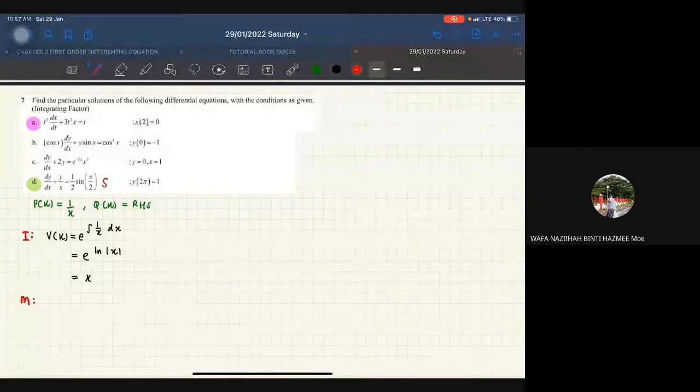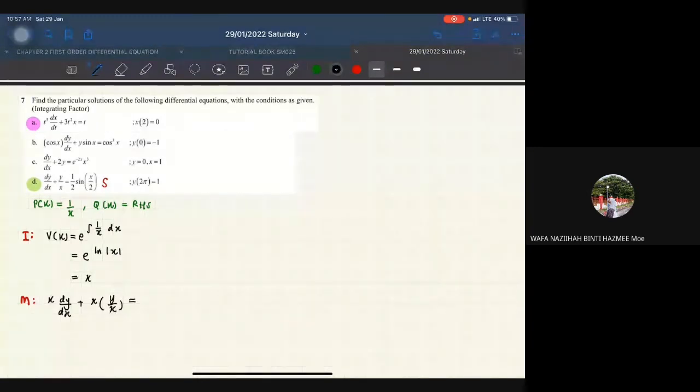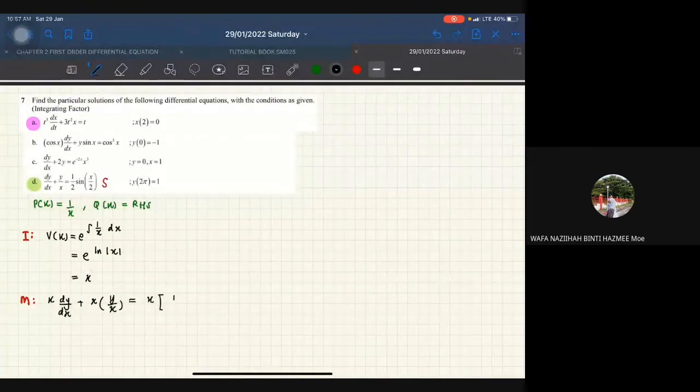Okay, so awak akan dapat x darabkan dengan dy dx and then plus x multiply with y over x equal to x times with 1 over 2 sine x over 2.